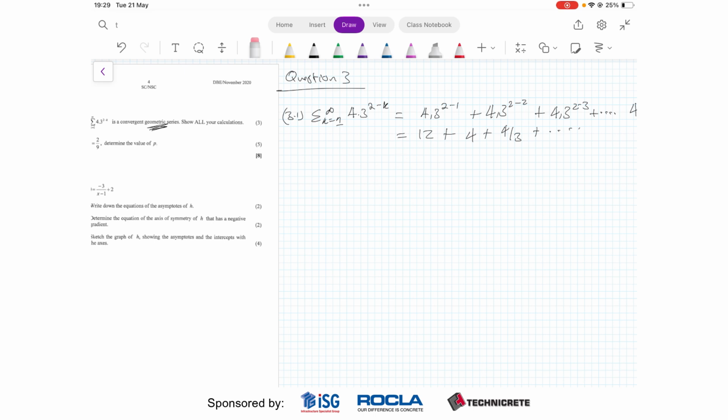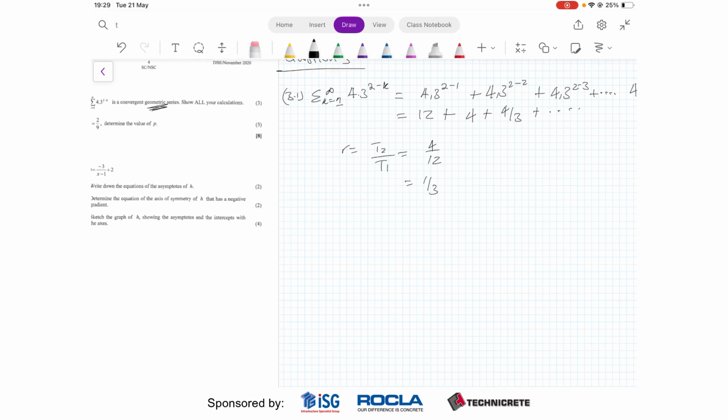Now, because this is a geometric series, we know that we must have a common ratio, and the common ratio is given by the second term divided by the first term, which is 4 over 12, right? Now, 4 over 12 is equal to 1 over 3.